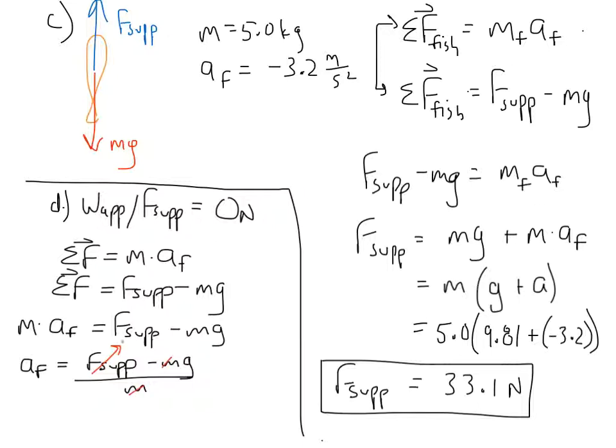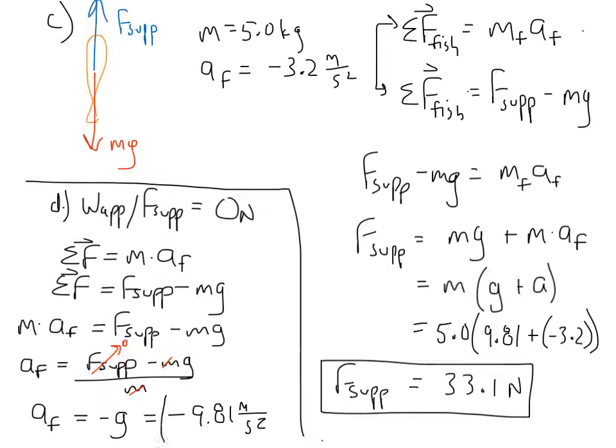So 0 minus g. What we're left with is that the acceleration of the fish, in order for it to feel weightless, is going to wind up to be negative g, or negative 9.81 meters per second squared.